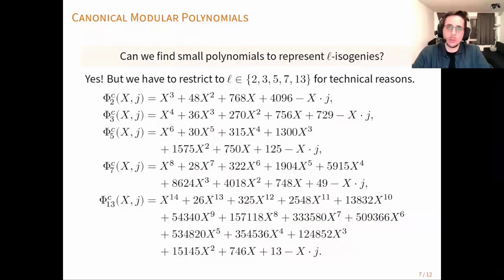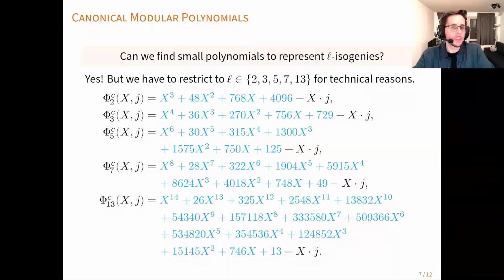And for the top, we don't need to memorize this part. So what you see is that we have, on the one hand, a polynomial in just one variable x. And then other than that, we have just one additional term, namely the product x times j. So these are quite small polynomials, but of course we have to go very well.